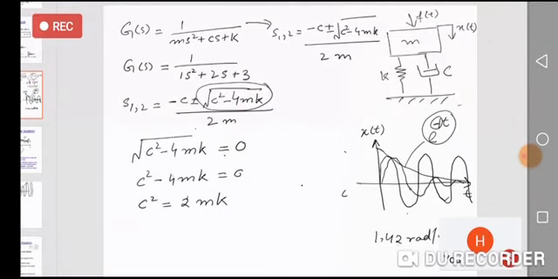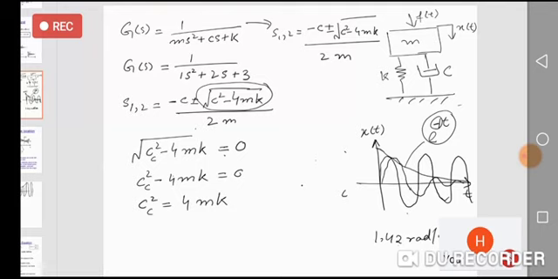So the C value which makes the radical equal to 0 is called Cc. So rather than writing C, we will write Cc because it's a critical damping value. This is a critical damping value because it's the damping value which makes the oscillation become equal to 0.